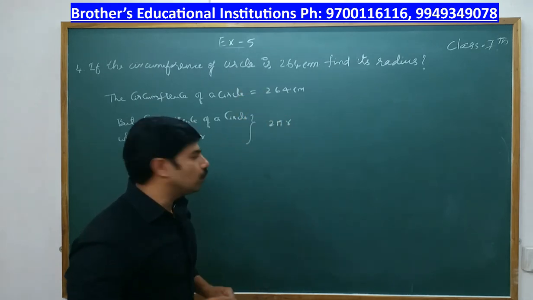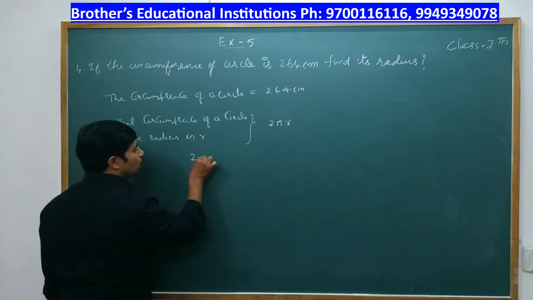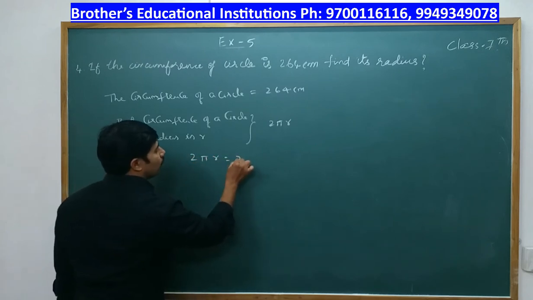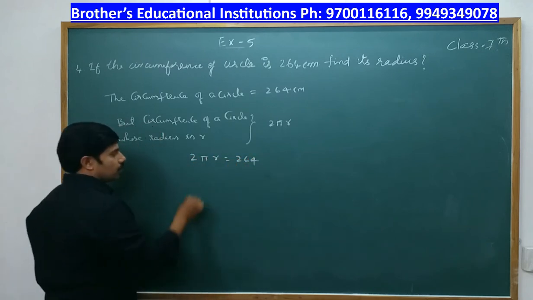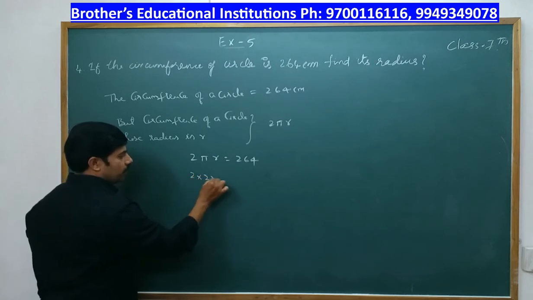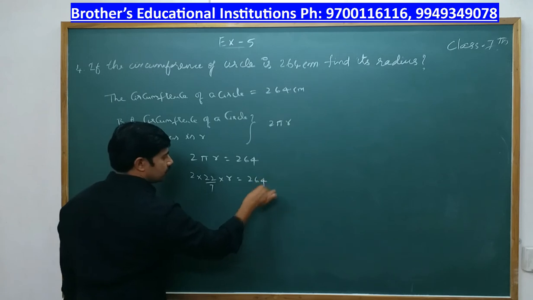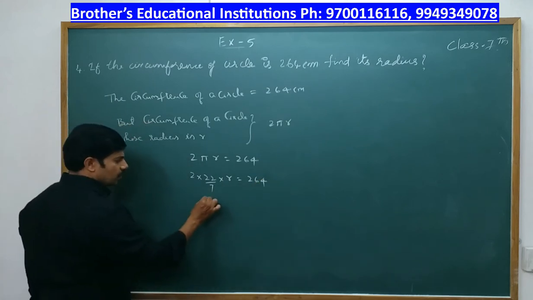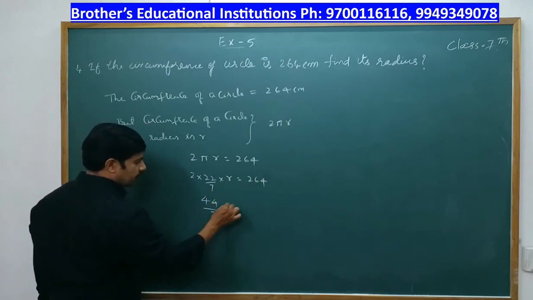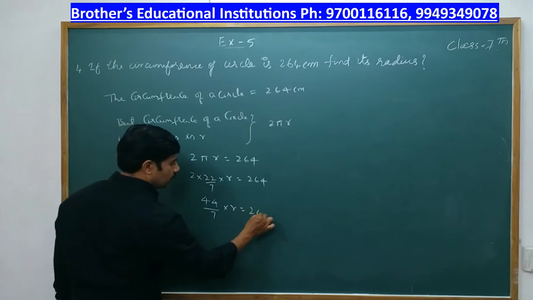So we'll equate those two. So 2 pi r is equal to 264. So 2 into pi, we take 22 by 7, into r is equal to 264. So we can write it as 44 by 7 into r is equal to 264.